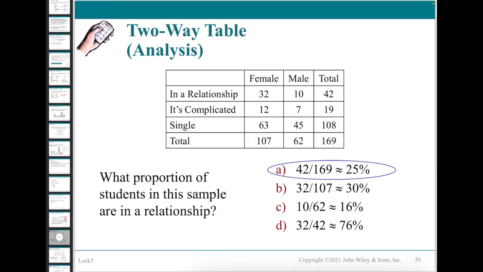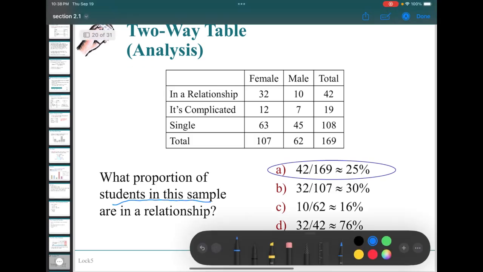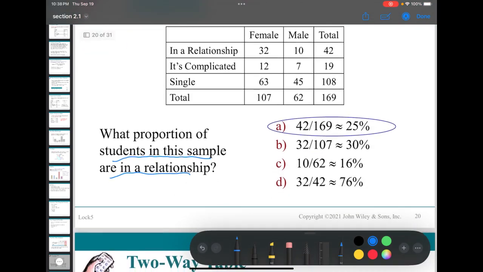So if you remember this question, it was about the proportion of students in this sample who are in a relationship. This is the easiest way to solve this kind of problem. You can split this question into two pieces. The first part of the question is this.